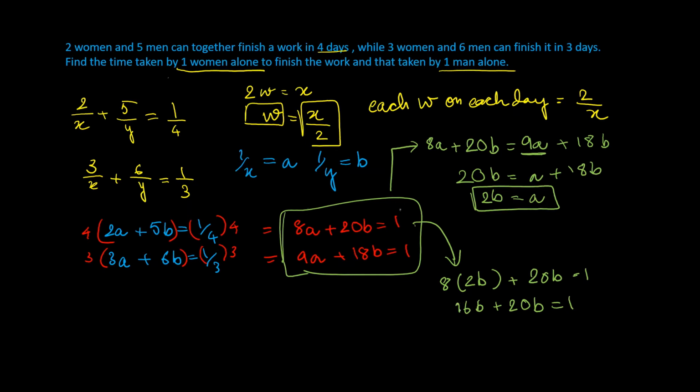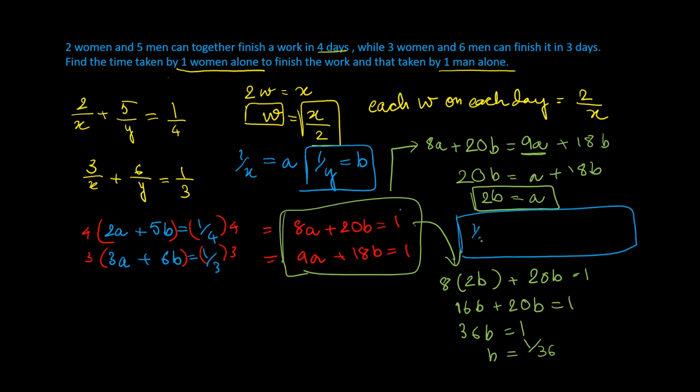Now I'm going to get 36b equals 1, and b is equal to 1 by 36. 1 by 36 is a weird number to get, but remember that we have written b as 1 by y. So 1 by 36 is actually 1 by y, and that will give us that y is equal to 36.